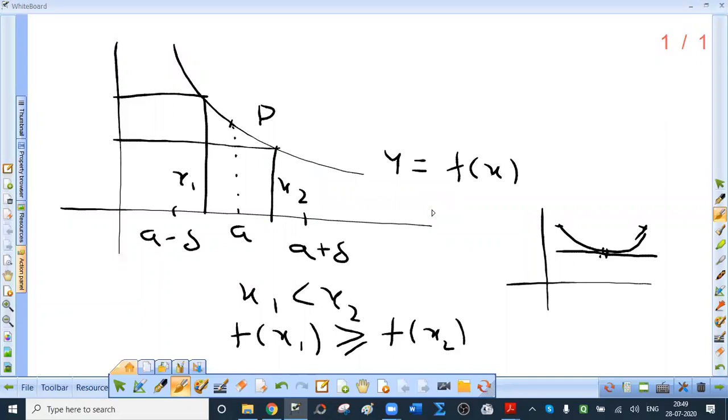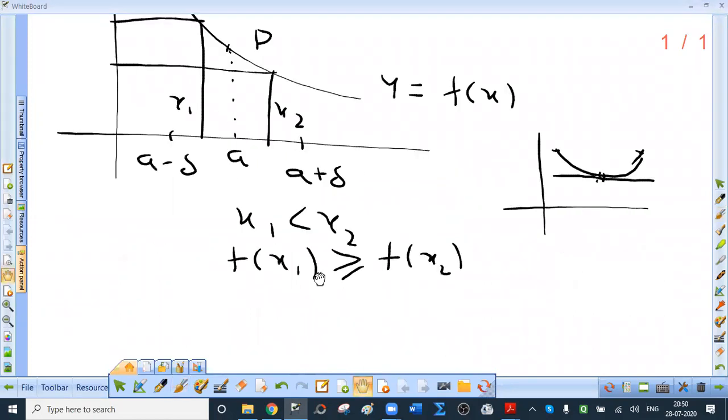F is said to be strictly or monotonically decreasing at x equal to a if for any 2 points x1, x2 in this neighborhood with x1 less than x2, we have f of x1 only greater than f of x2.